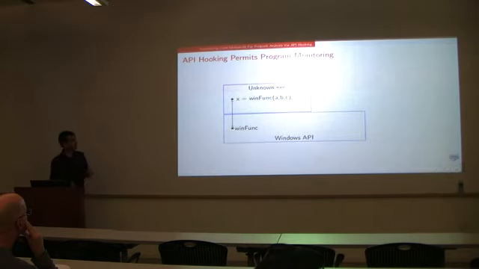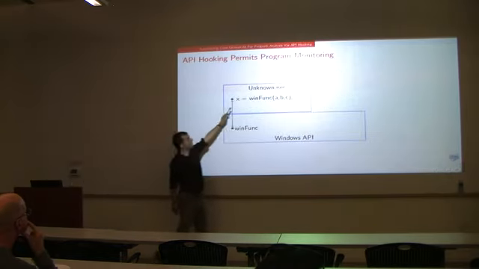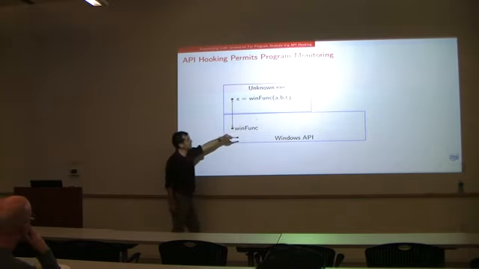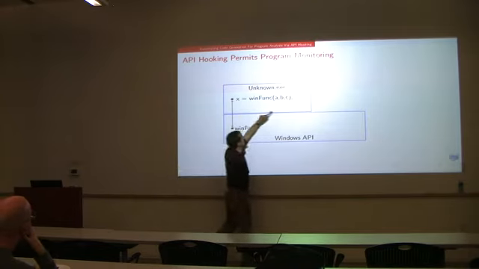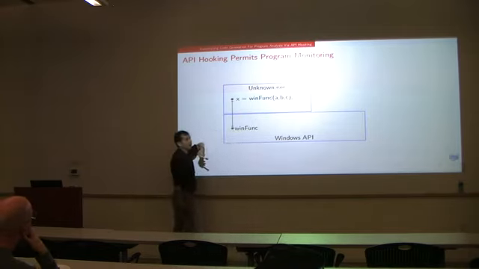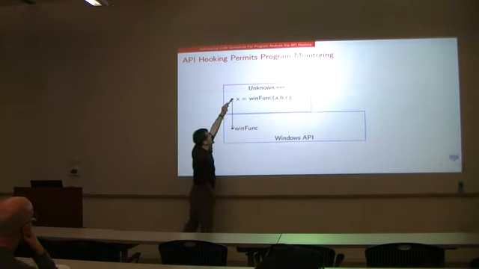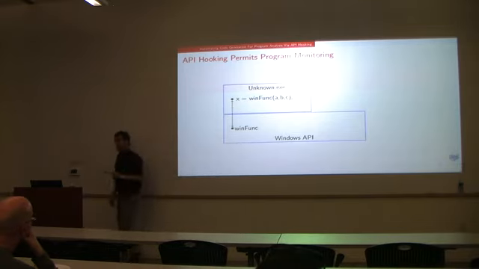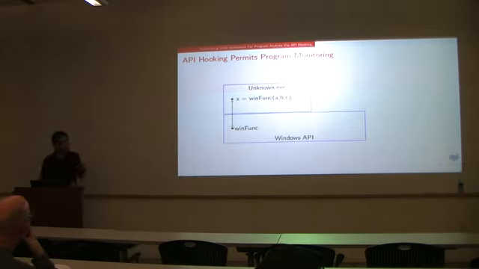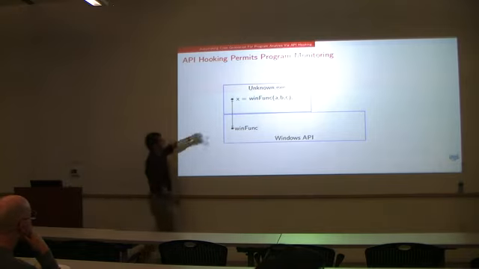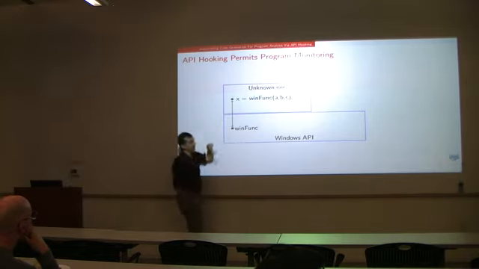That's what API hooking is. If you don't know what this program does and it calls some arbitrary Windows function with some arbitrary set of parameters and gets an arbitrary result back, normally you just go call, do, return, the program plows on using X. Okay? If you hook the API, like I say, we're interested in the data that goes across that line.